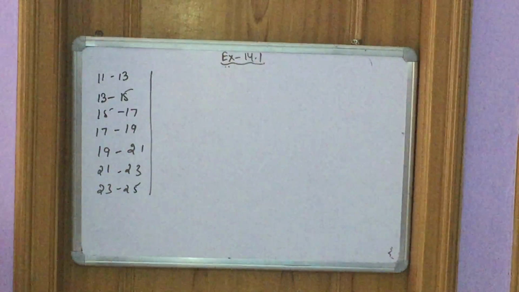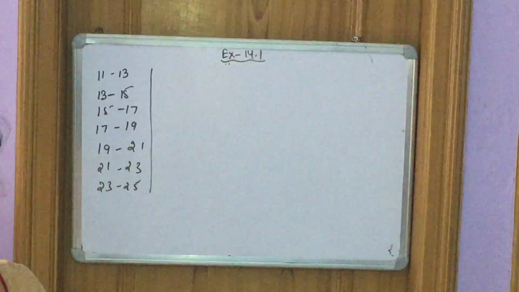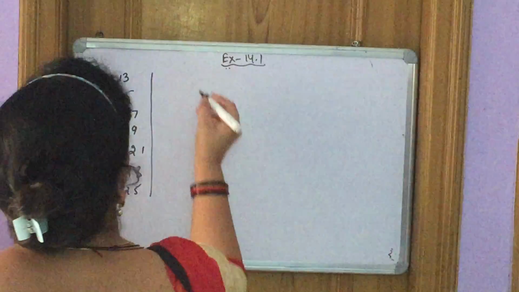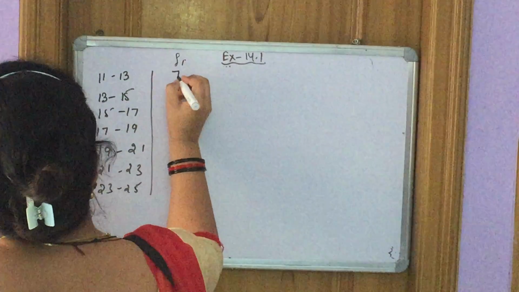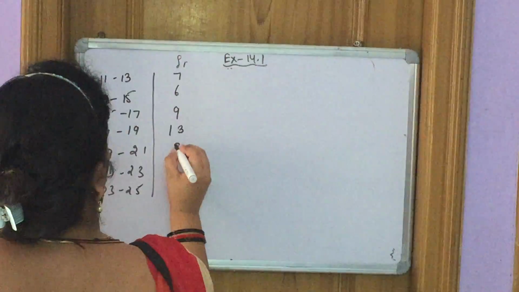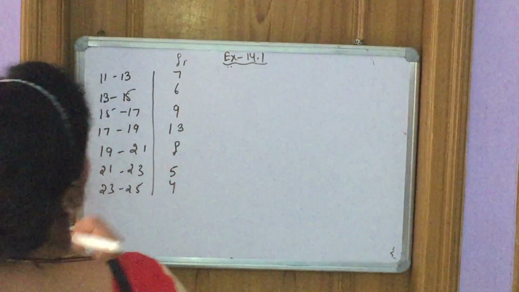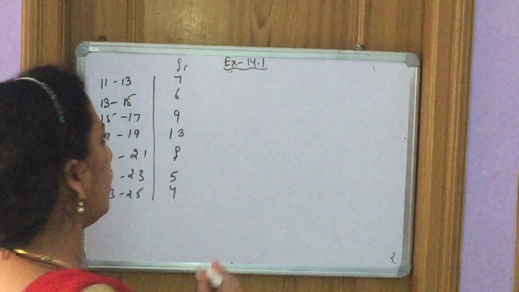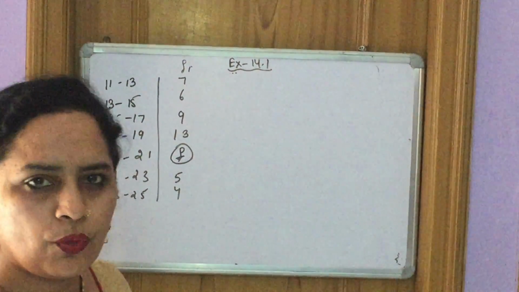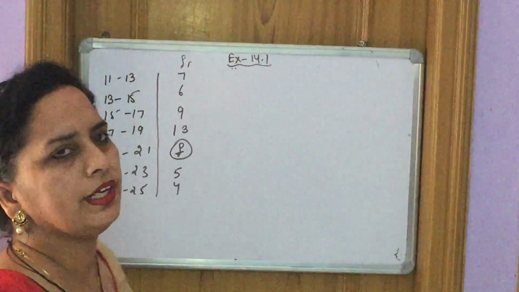In this question, one term is missing and we have to find out this term. The frequencies are fi: 7, 6, 9, 13, f, 5 and 4. We have to find out the value of f. One term is missing in the frequency. We have to find out the value of f.